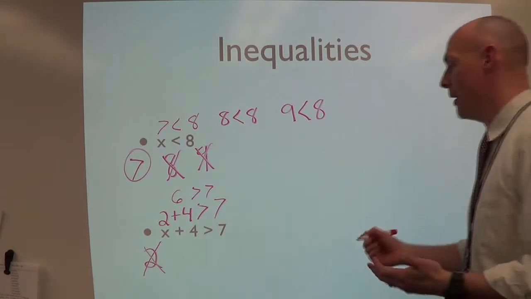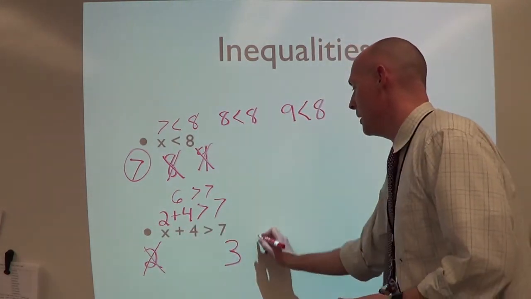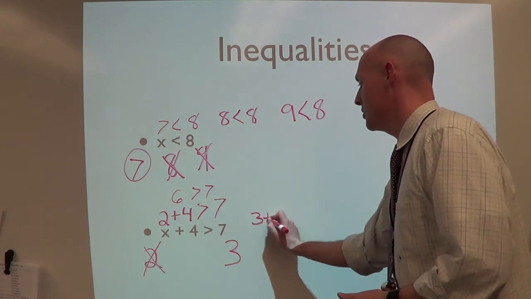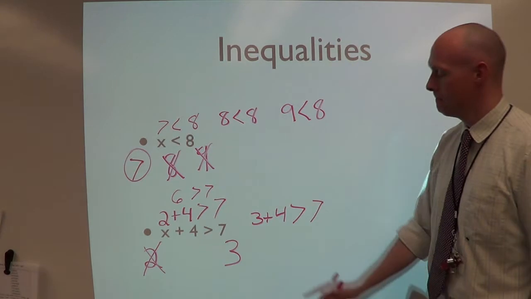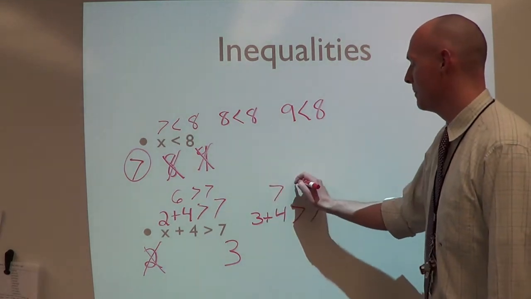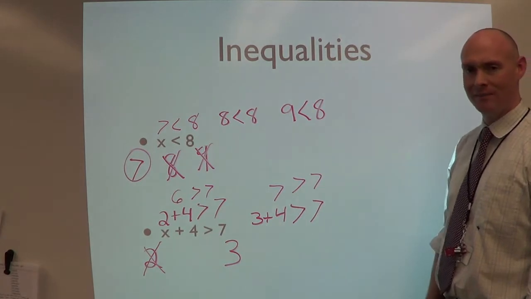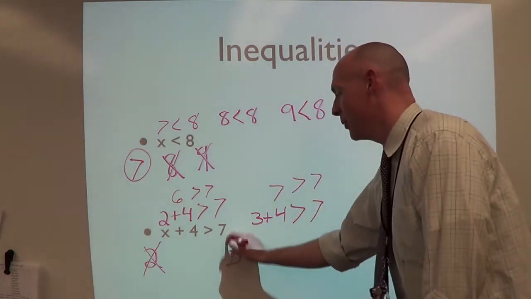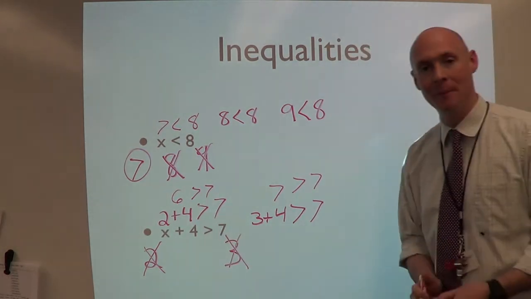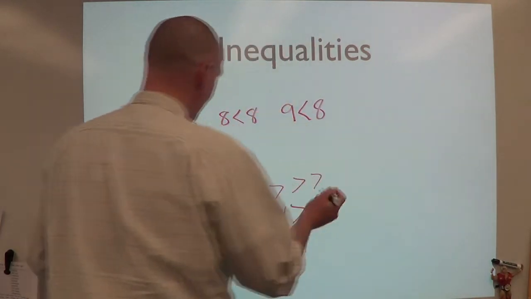Let's try a number like 3. So I have 3 plus 4 is greater than 7. 3 plus 4 is 7. Is 7 greater than 7? No, it is not. 7 is equal to 7. So 3 does not work as well. Let's try a number like 4.